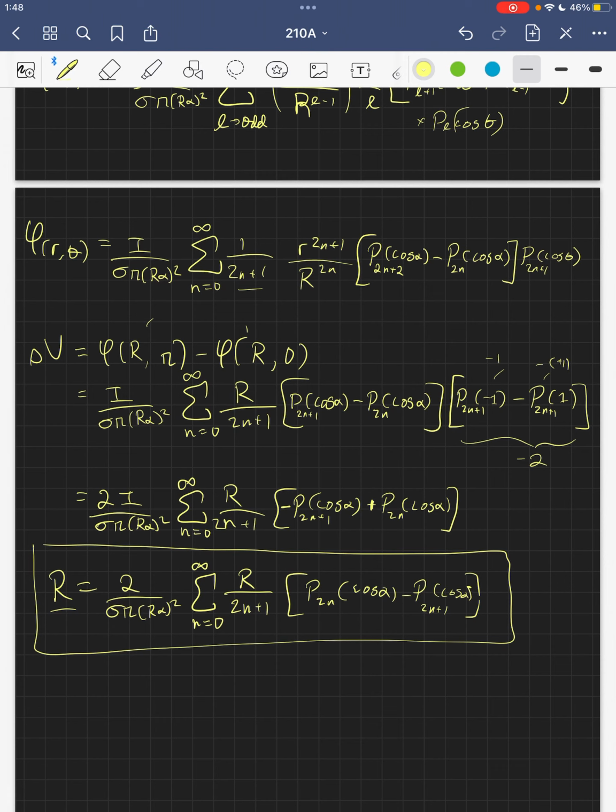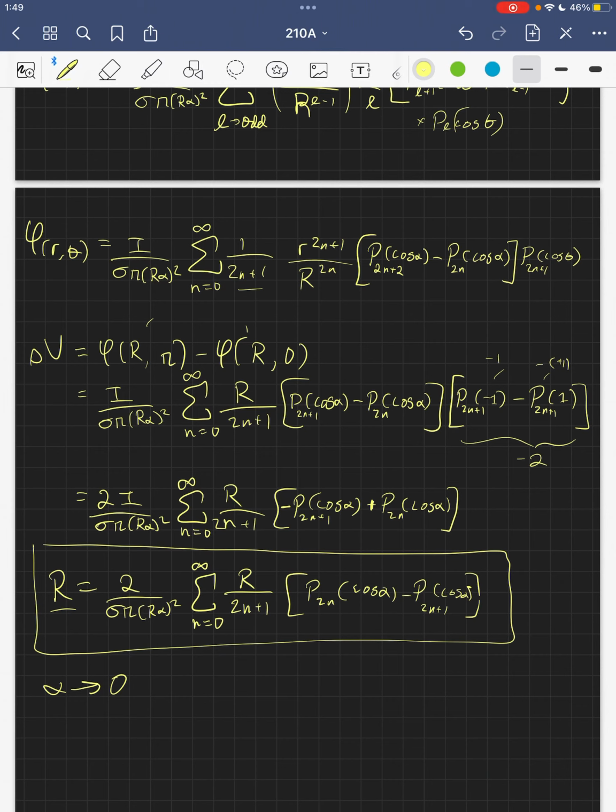So the other part of this problem wants us to evaluate as alpha approaches 0, right? Well, as alpha approaches 0, cosine of alpha is going to approach 1, right? But also consider the term where n is 0.